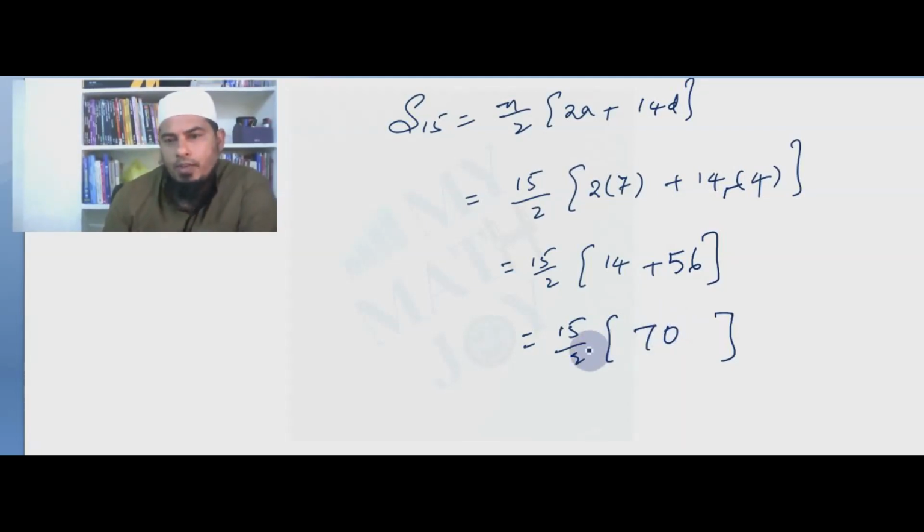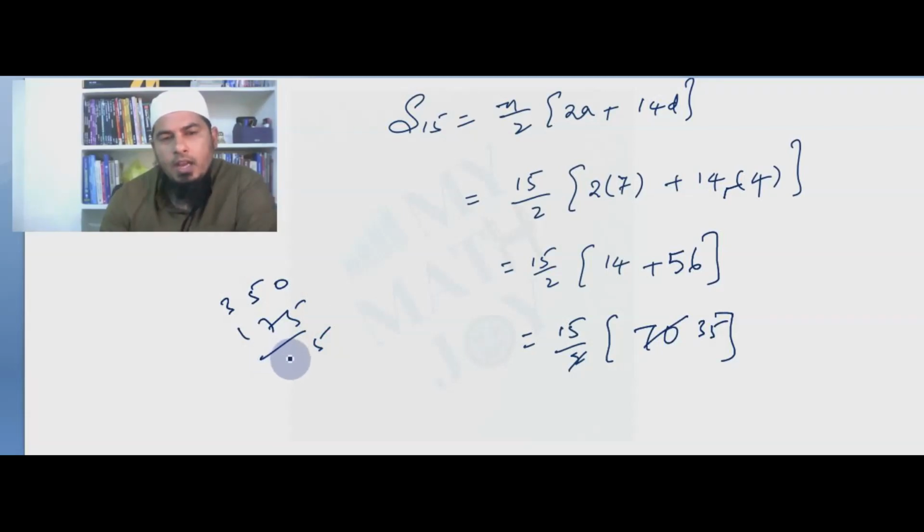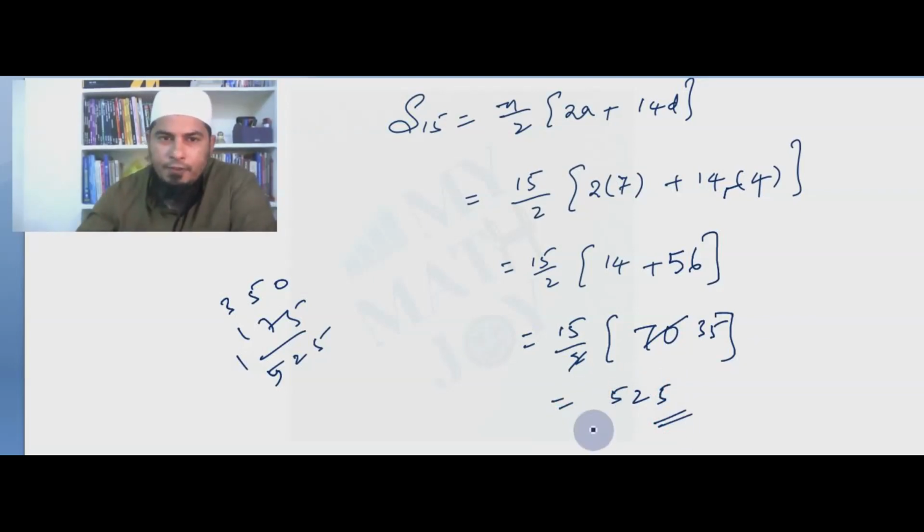And we want to cancel it. 35 multiplied by 15, we will get 350 and 175, exactly 525. 525 is the sum of the first 15 terms of the AP.